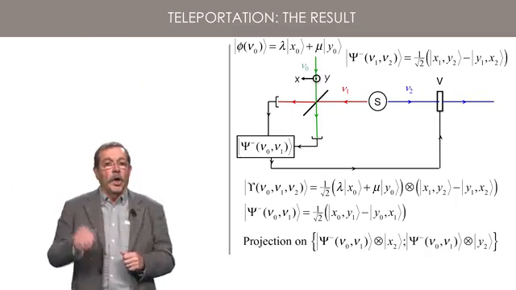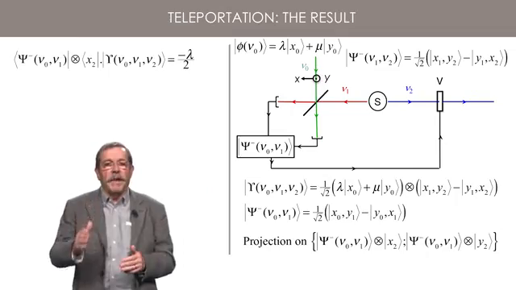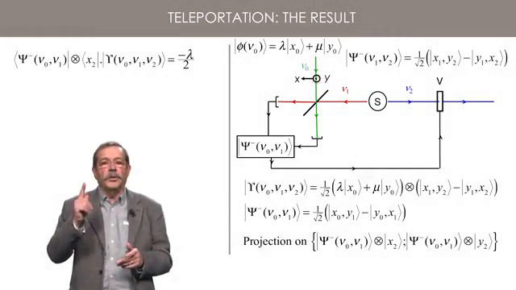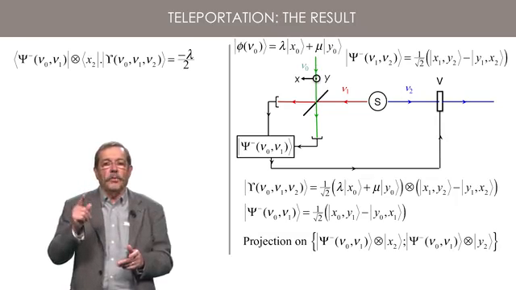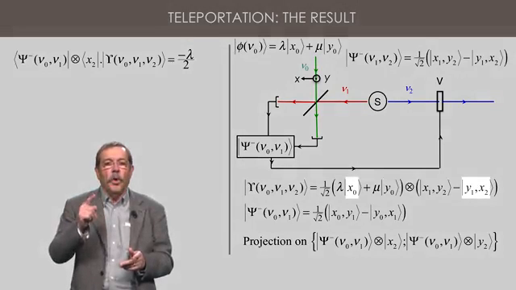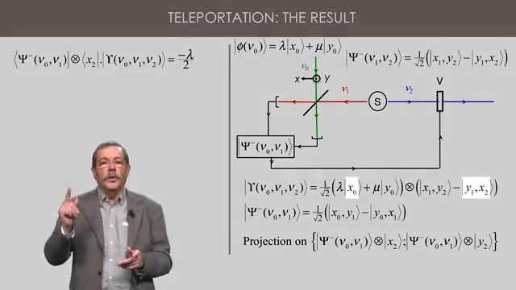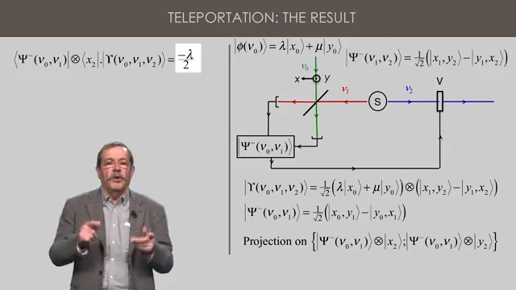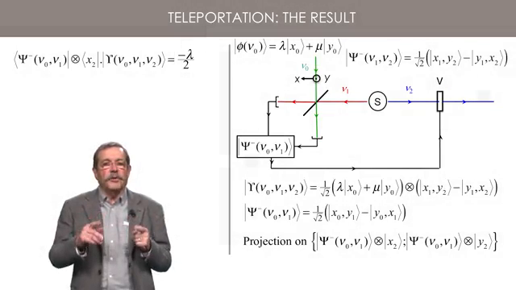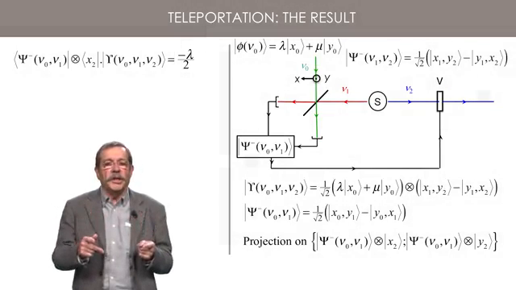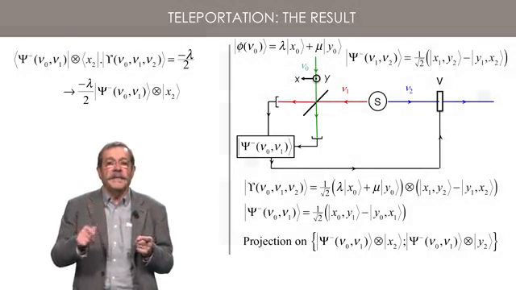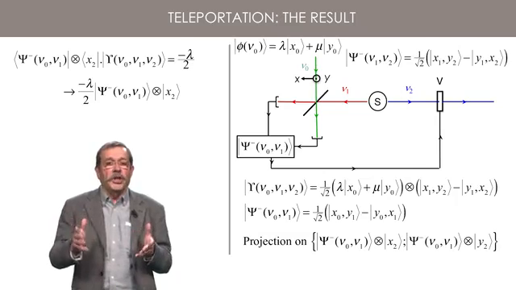Let us effect that projection, projecting successively on each of these eigenvectors. Projection on psi minus of nu0, nu1 times x2 has one term only, associated with the term x0, y1, x2 in epsilon, and the coefficient is minus lambda over 2. The state resulting from the projection is psi minus of nu0, nu1 times x2, with the coefficient minus lambda over 2.